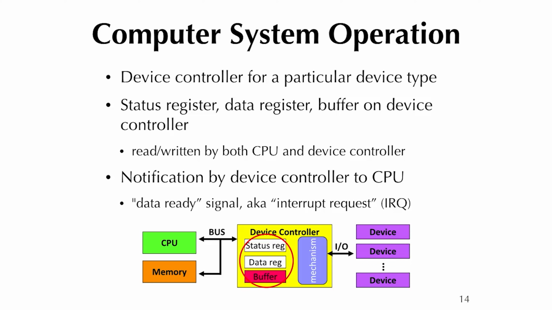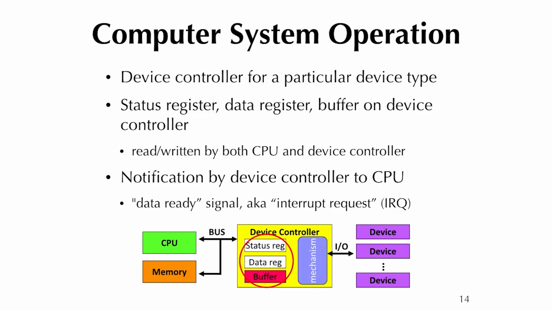So the CPU, through device drivers, reads and writes these device controllers over the bus. And then the device controller, once it has the commands, goes off and does its own thing with the device. The CPU doesn't get involved at that point.